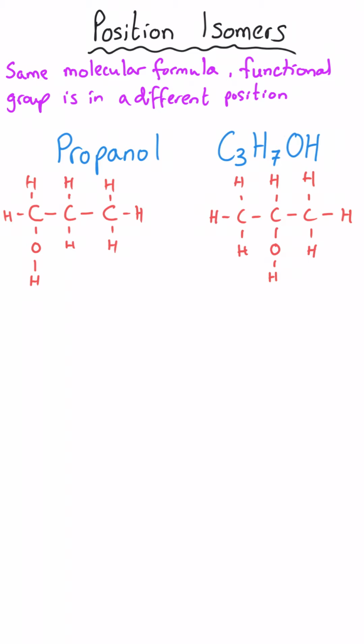What you can see is the top propanol that I've drawn has got the OH group on an end, and then the one underneath has got the OH group in the middle on the second carbon atom in the chain of three. And so these are both propanol, but they're both different, and so we need a slightly different way of naming them.